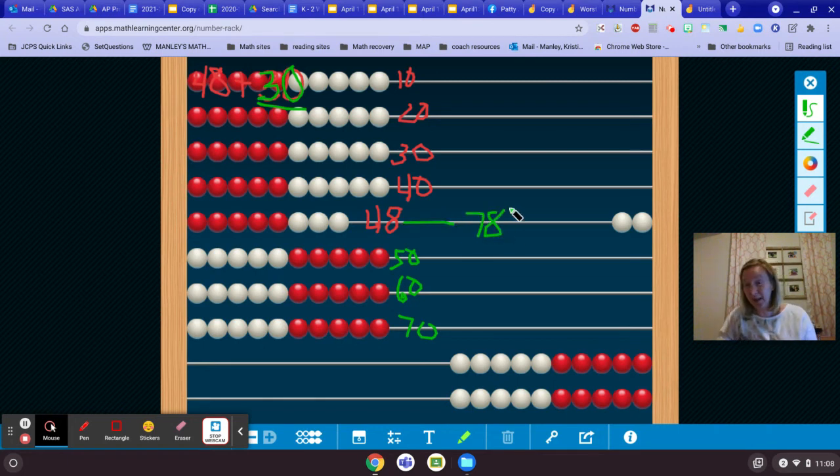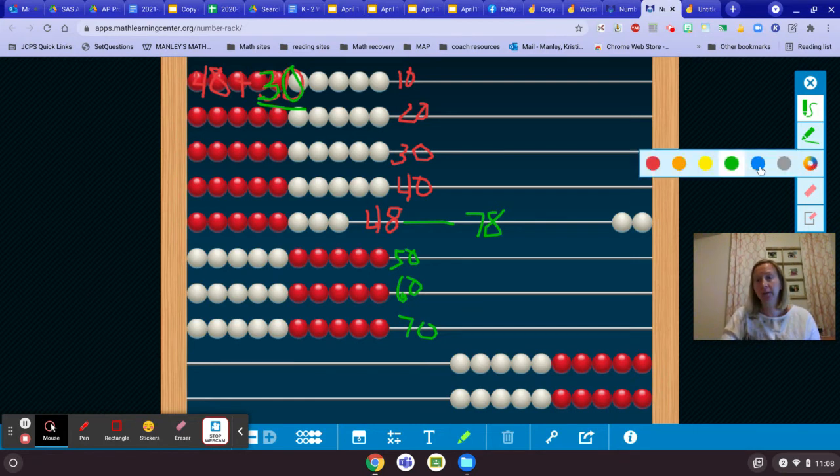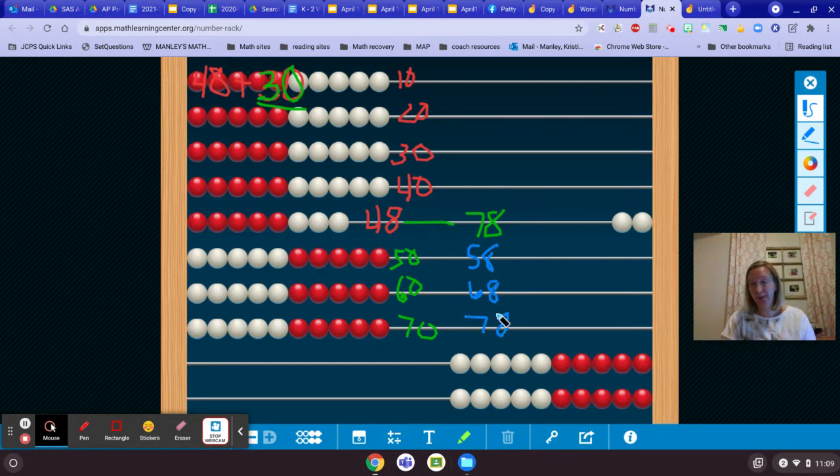Another way to count it is to have 48 and then do jumps of 10. This would be 58, 68, 78. However you want to put it together, that works.